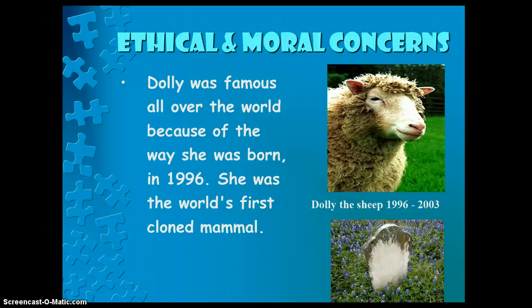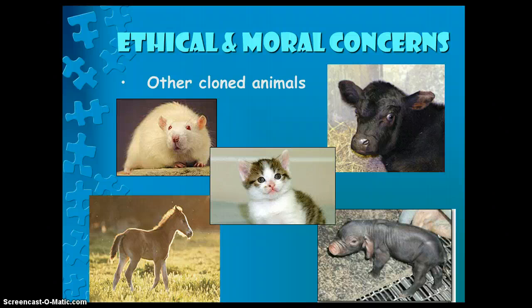So there's definitely some moral concerns here. Is it right that we're able to clone animals? Is it right that we're able to insert and delete genes? We do it in food all the time.